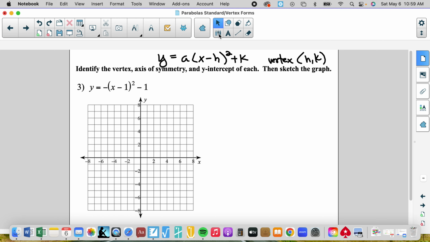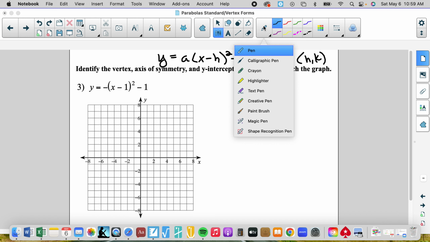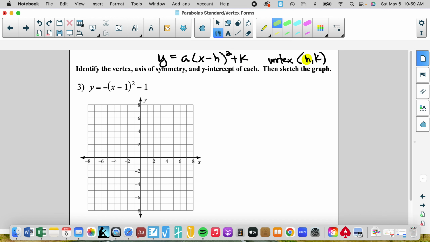Notice this h is positive, this h is negative. So whatever you see here is the opposite of your h value, so you can't get tricked by that. Your k value is straight up. Your k value is whatever that constant is outside of the parentheses.